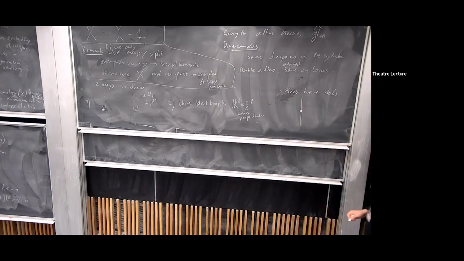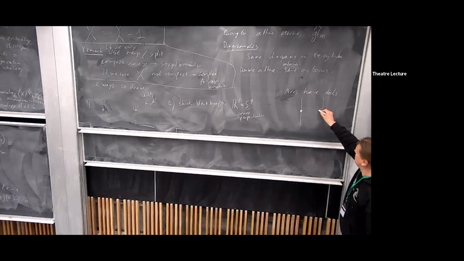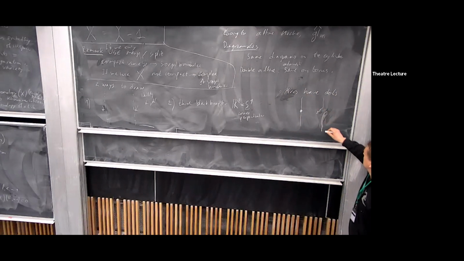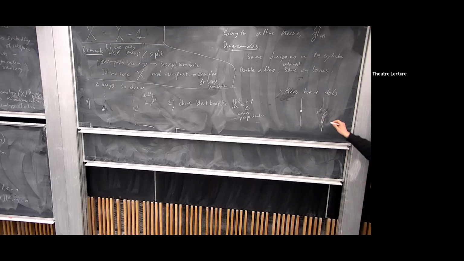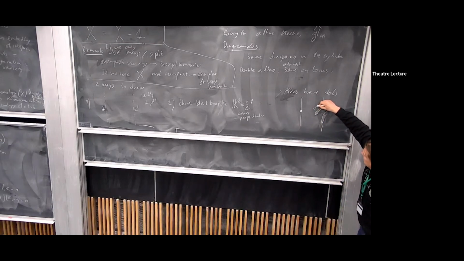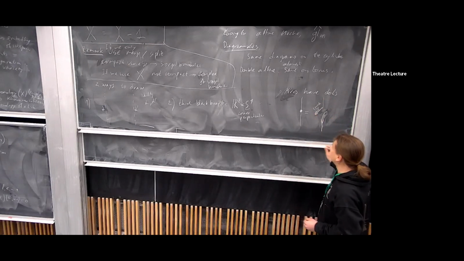So here is a dot, and the meaning of this dot is that, if you look from the side, it comes towards us, kind of comes here and then comes again from the back of the blackboard. So that's the meaning of the dot.